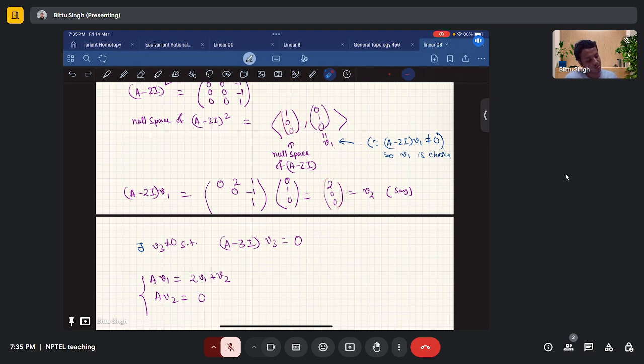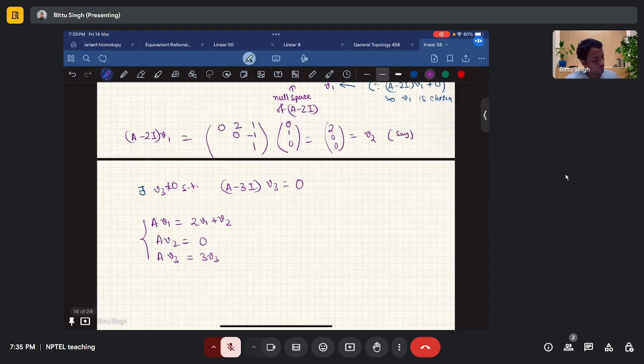Therefore, A times 200 is 0. And A times v3, this is 3 v3. So if we put all those data together, we obtain A times the block v1, v2, another third column, let us create another block v3. This is same as 2 v1 plus v2, then second column, then third column.